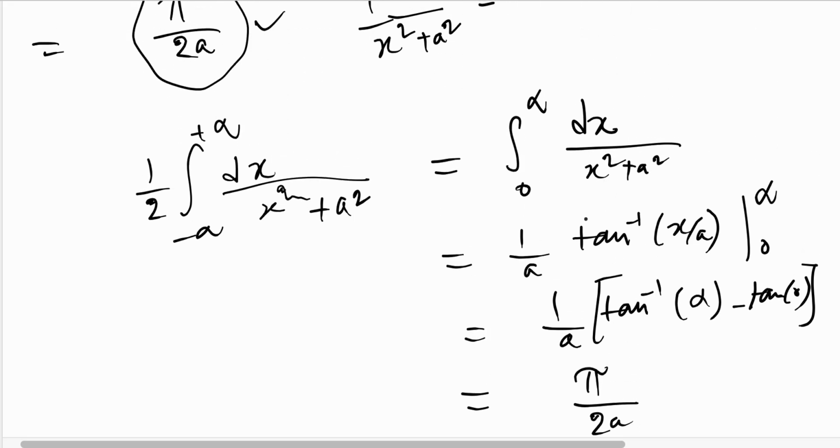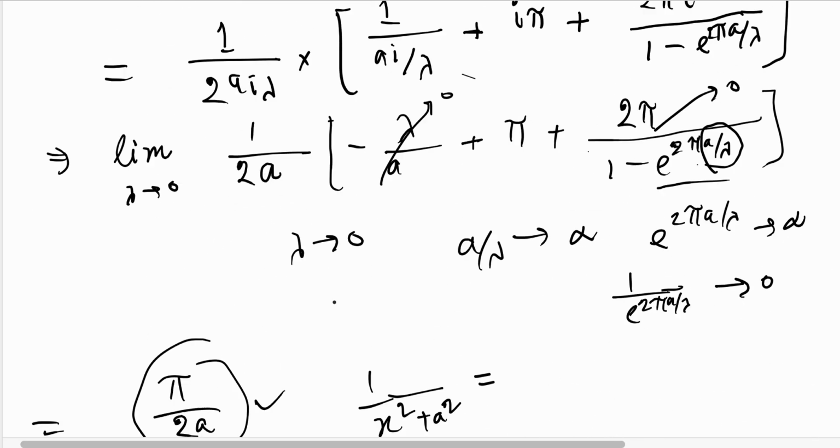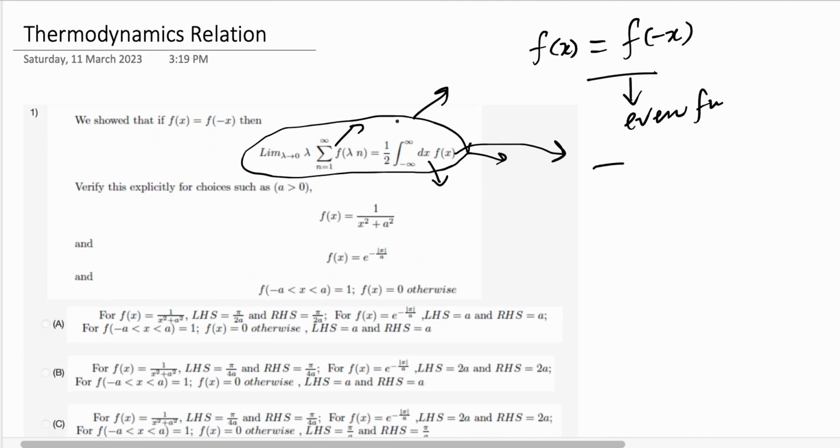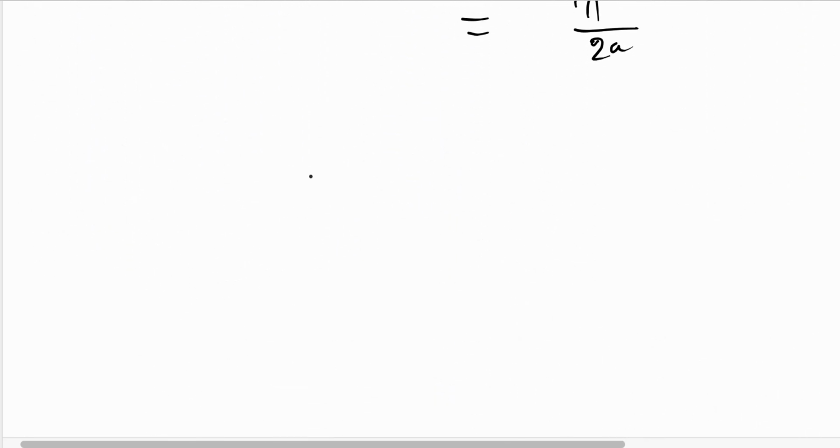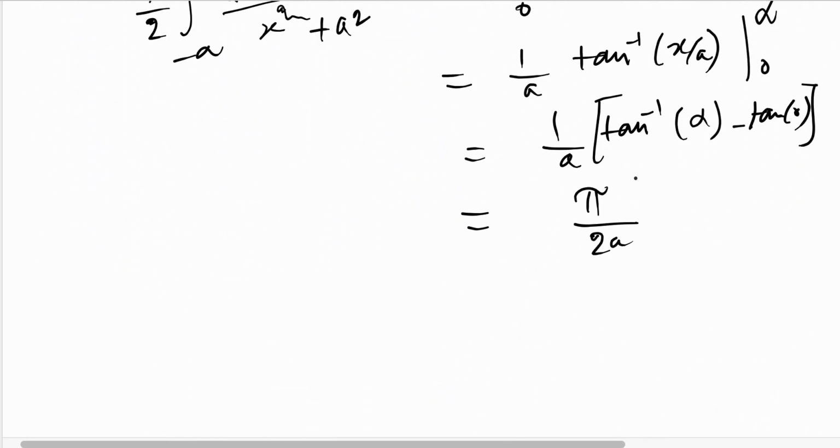Only by doing 3-4 steps we can tell what is the limiting value of this tedious looking series, which is actually pi by 2a. Now we have done that.